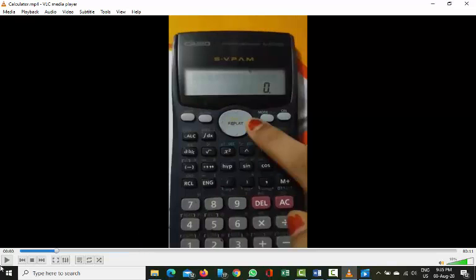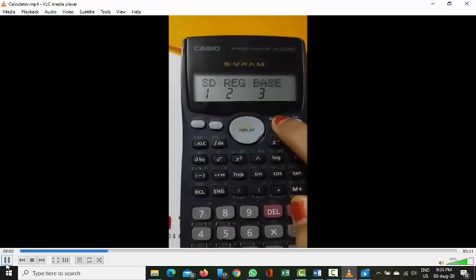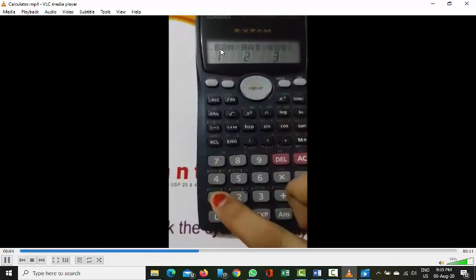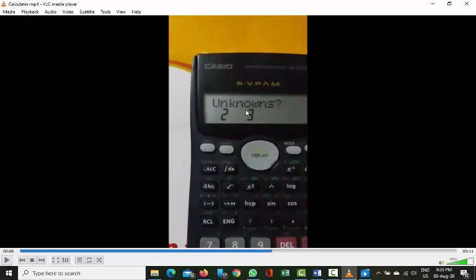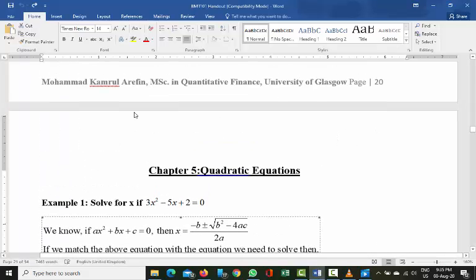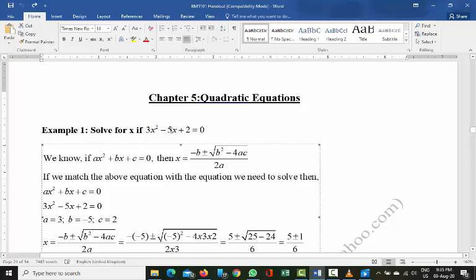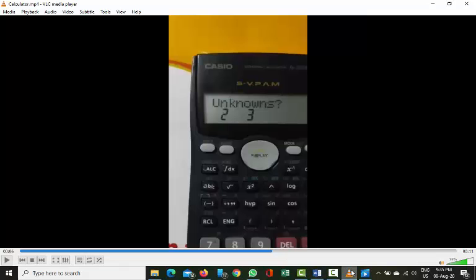Press mode and go to equation mode, and after you go to equation mode, a message will come: unknowns. If you are solving only one equation with only one variable, you don't need to worry about this question.